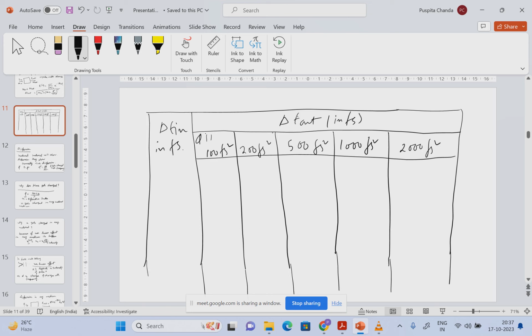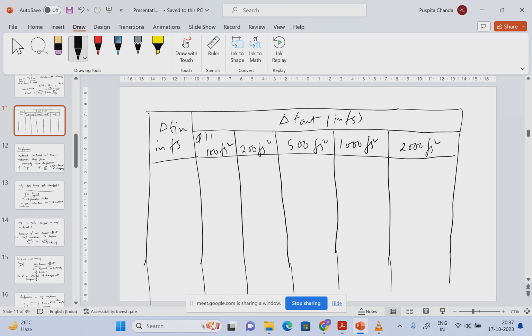Okay. So if delta T is 5 femtoseconds and phi double dash, or GDD, is 100 femtosecond square, then the output will be 55.7 femtoseconds.